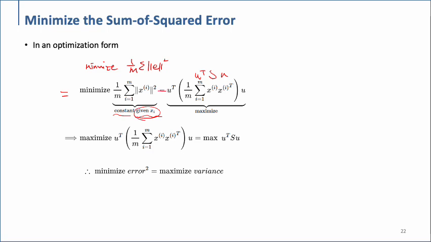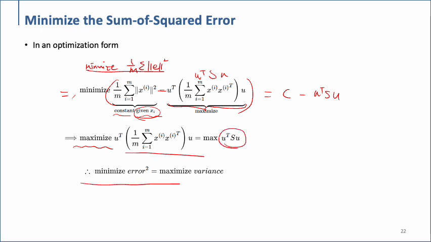And here, minimizing with the minus sign means we should maximize u transpose S u, because the whole value can be written as constant minus u transpose S u. So minimizing the sum of squared error is nothing but maximizing u transpose S u. So from that we can conclude that minimizing the sum of squared error is nothing but maximizing the variance.